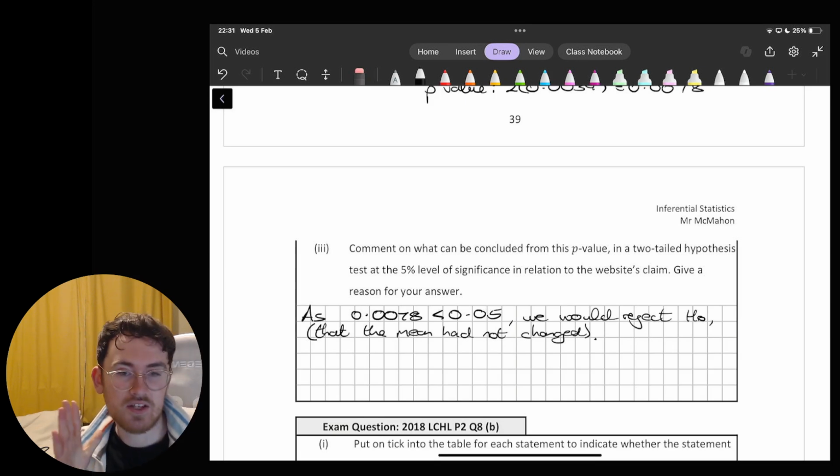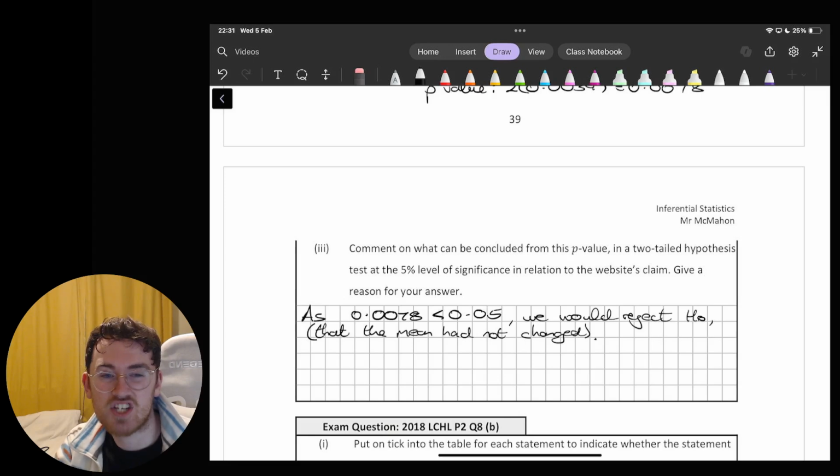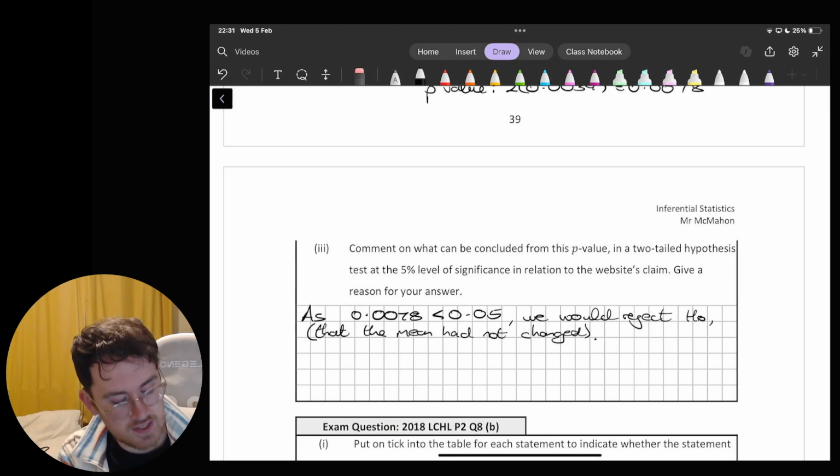So as this p-value is less than 0.05, we would reject the null hypothesis, which was the claim that the mean had not changed, that we made, in fairness.